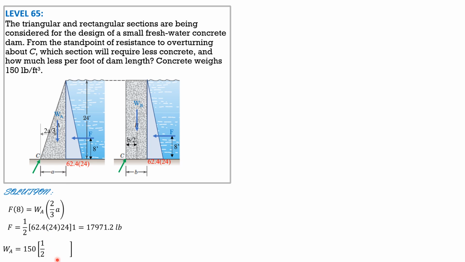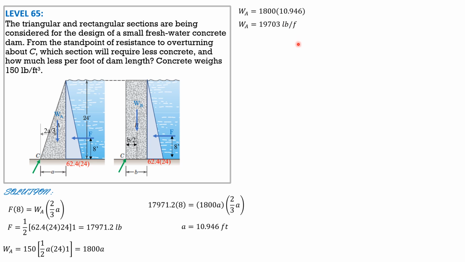So weight A is 150 times 1/2 of A times 24 times 1 foot, and it is 1,800 A. So apply the equation here. 17,971.2 times 8 equals 1,800 A times 2/3 of A. So from here we can solve for A. A is 10.946 feet, and therefore the weight of concrete A per foot is 1,800 times 10.946, and it is 19,703 pounds per foot.